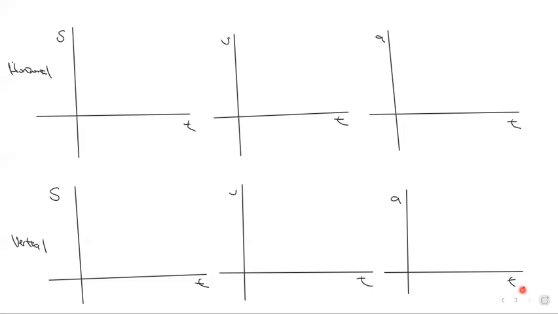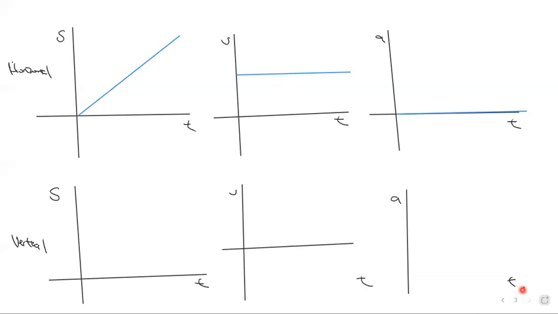In the horizontal direction, we said there is no acceleration, a equals 0. That means it's going to have a constant velocity, which will look like that. And that means displacement will just simply be going up in a linear fashion. Acceleration in the vertical direction will actually be negative. Velocity will be linearly decreasing like so, and the displacement will be like a parabola.